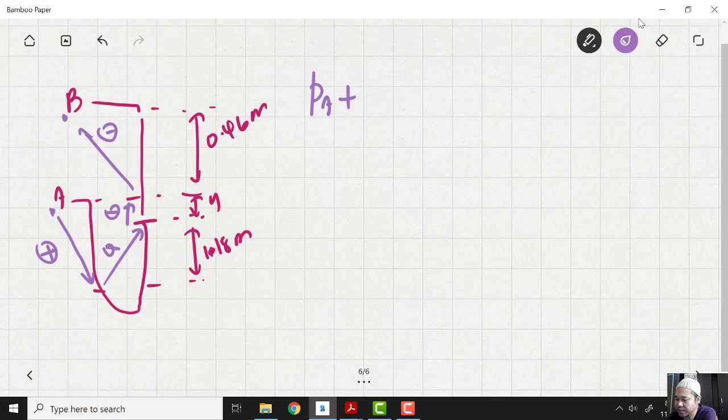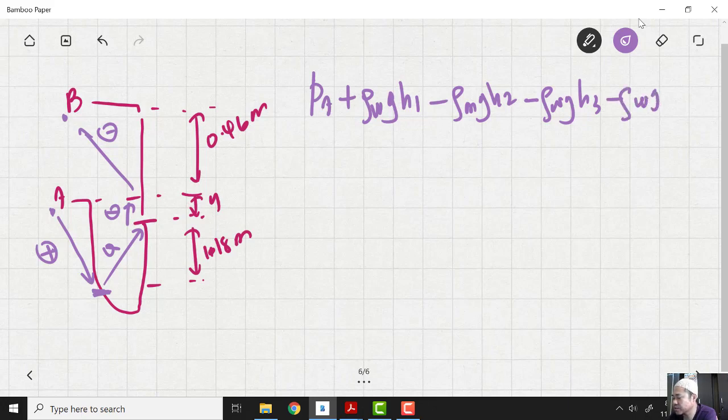So inside this, from A to the manometric fluid level, here is water, so ρ_water g h1, minus ρ_manometric fluid g h2. Here to here is water, so minus ρ_water g h3, and then water again, minus ρ_water g h4, equal to PB.